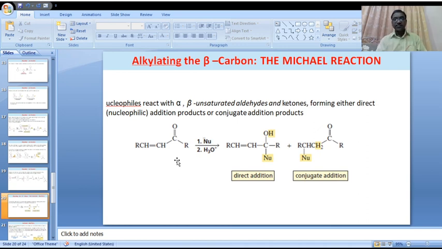Direct addition is on the carbonyl carbon.